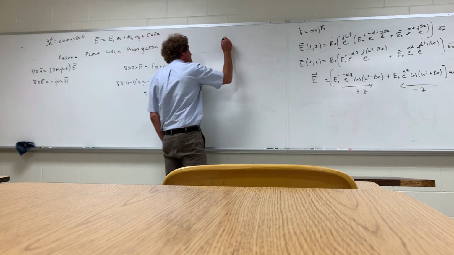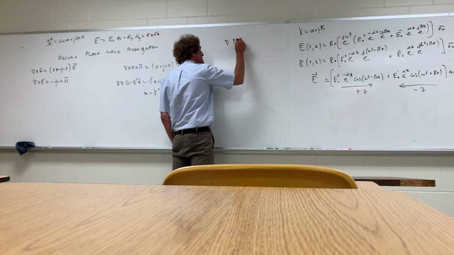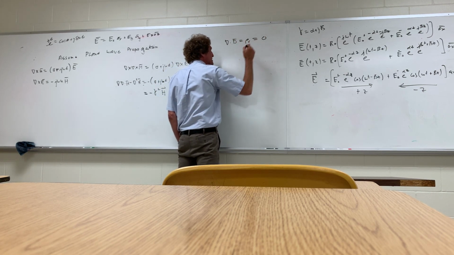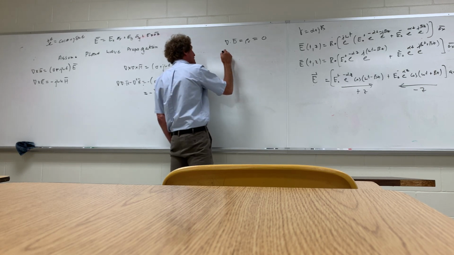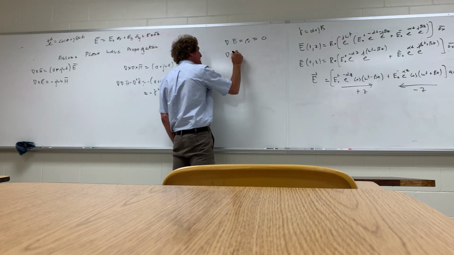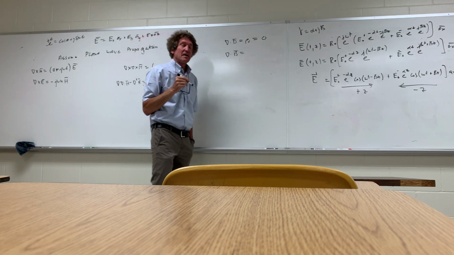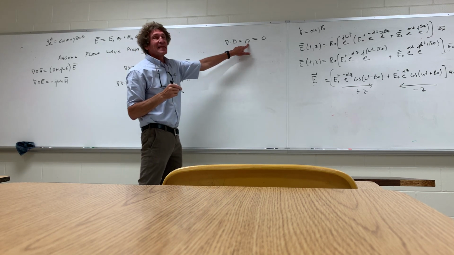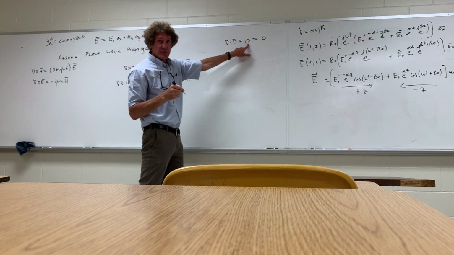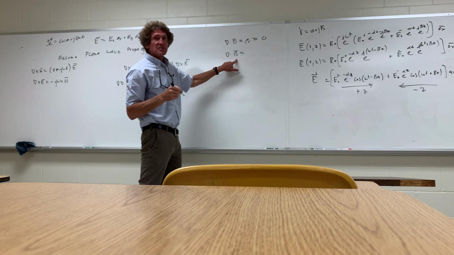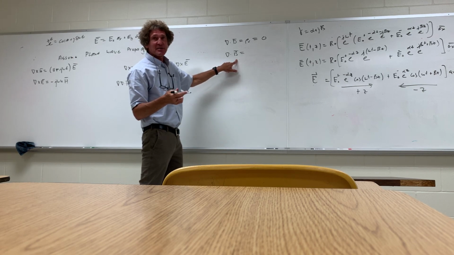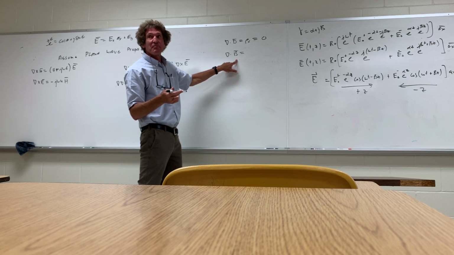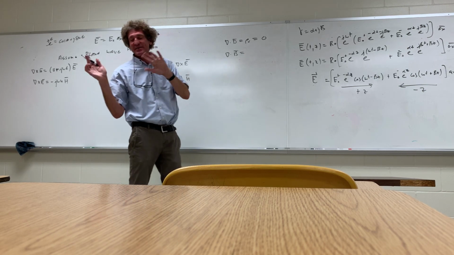If divergence of D is rho V, and we assume that's zero, right, in a charge-free region, what is the divergence of B going to be and why? If that has to do with electric charge density, and we assumed it's zero, what does the divergence of B have to do with? Think about it. Magnetic charge. Do you follow me? Is there such a thing as magnetic charge? Monopoles? Absolutely not. Well, yes and no.